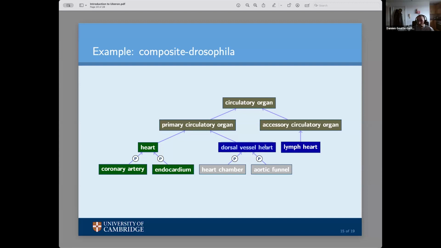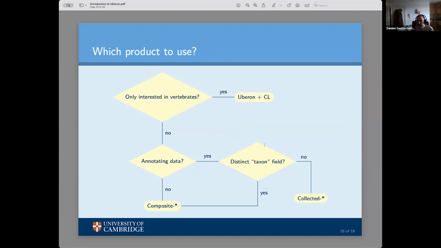So you cannot represent the fact that this sample is from a fly heart, unless you have in your database schema or in your annotation form or whatever, a distinct taxon field in which you can separately record the precise species your sample is coming from.